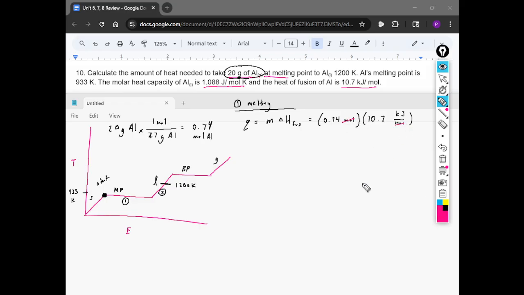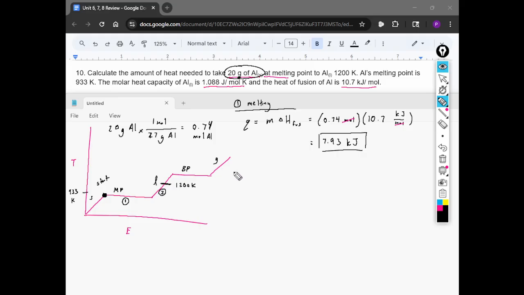And then it's just multiplication, and that'll give us the amount of energy needed to melt our 20 grams of aluminum. And that should give you 7.93 kilojoules. So that is how much energy it takes to just melt the aluminum. Okay, any questions on that first part? Okay.